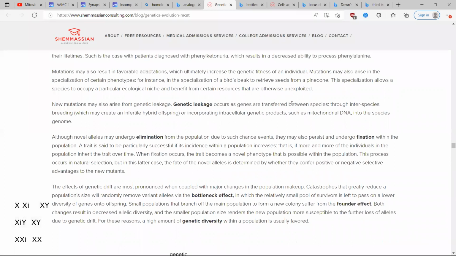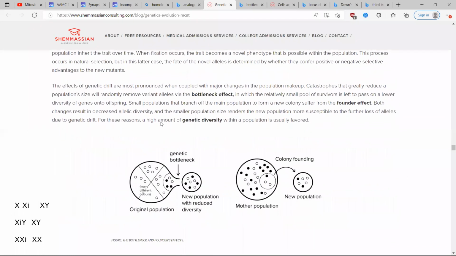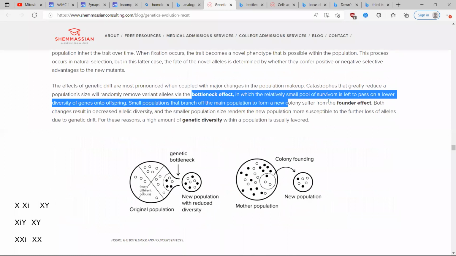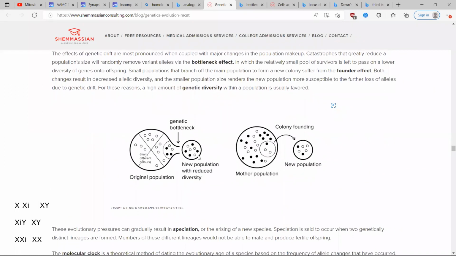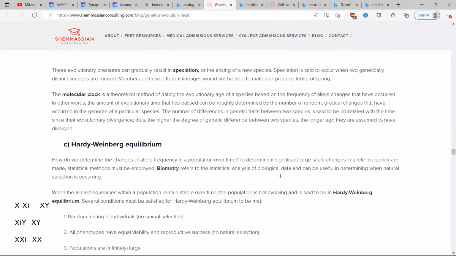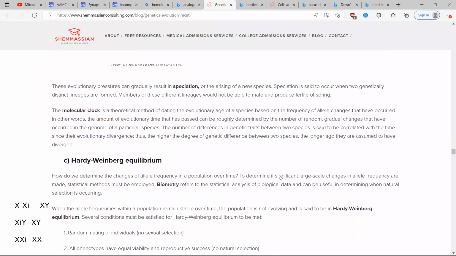It occurs as genes are transferred between species through interspecies breeding. Oh, this is relevant to what we talked about with hybrid breakdown and stuff. But yeah, here we have the bottleneck effect and the founder effect, right?